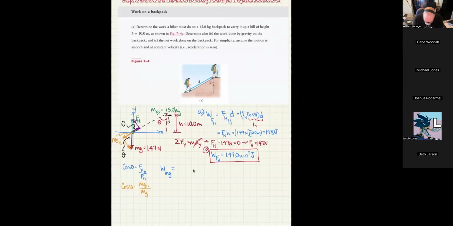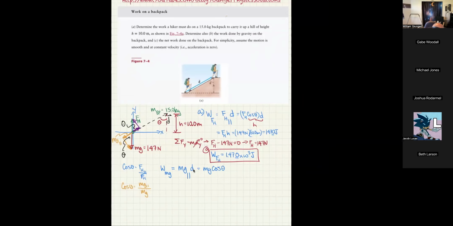I'm going to take the component of the force mg that's parallel to D, and multiply it by D. So the mg parallel to D is actually just mg times cosine theta.